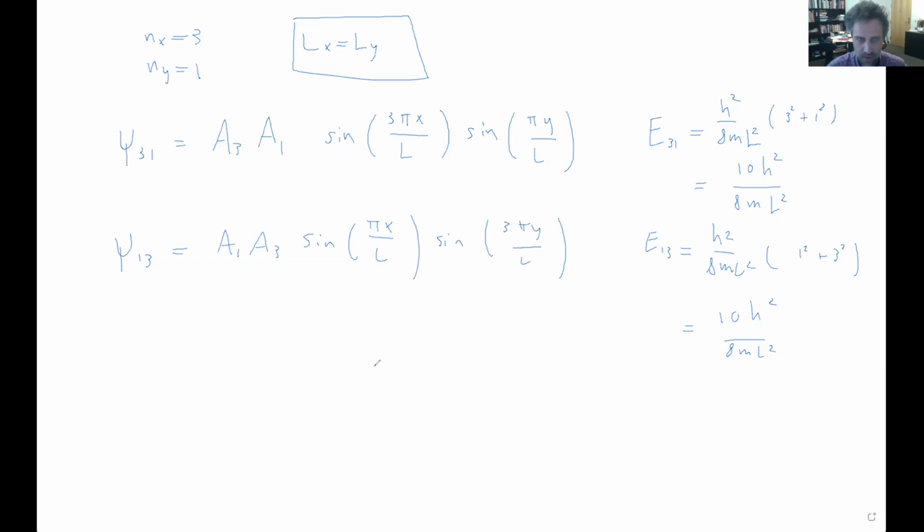So these two wave functions here are degenerate wave functions. They are different states, different eigenstates of the Hamiltonian, but they have the same energy, the same eigenvalue, and therefore they're called degenerate states.